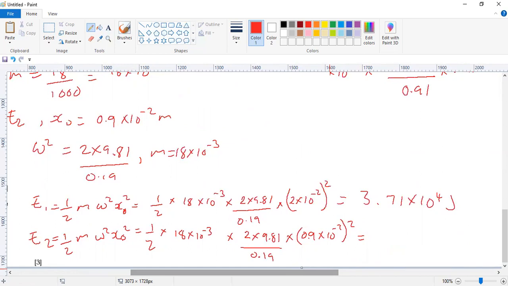Going to our calculator, half times 18 exponent minus 3, times 2 times 9.81 over 0.19, times bracket of 0.9 exponent minus 2, close bracket squared.